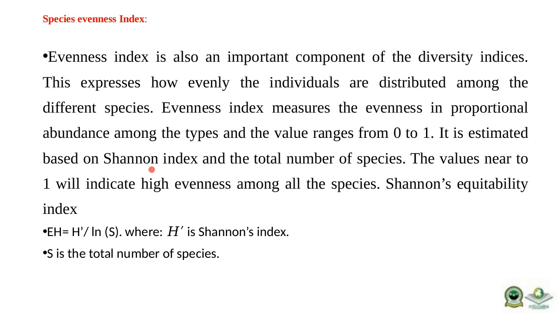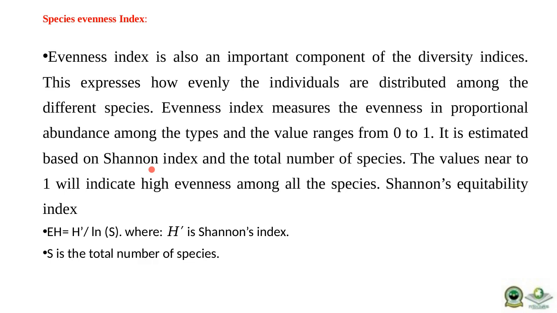Now, there's another model: species evenness is also an index to measure biodiversity. The evenness index is an important component of the diversity indices. This expresses how evenly the individuals are distributed among the different species.